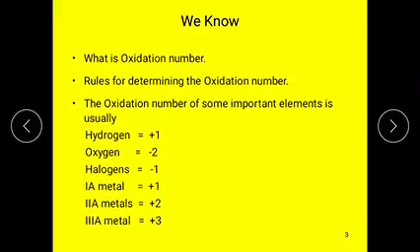The halogens' oxidation number is always taken as minus 1. The oxidation number of halogens, mainly fluorine, is taken as minus 1.